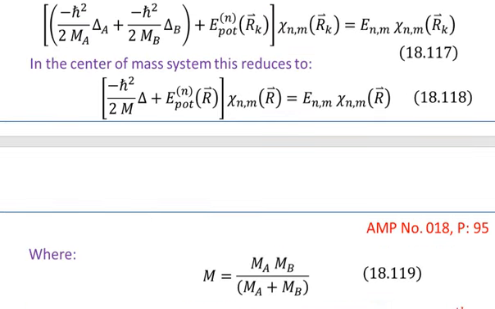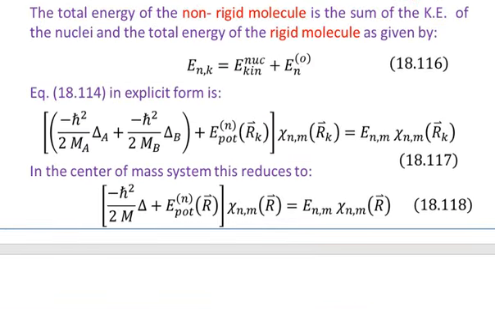These values have been specified in equations 117 and 118. This is the value of the Hamiltonian operator H0, which contains the kinetic energy of the nuclear part, which is minus h bar square divided by 2mA.